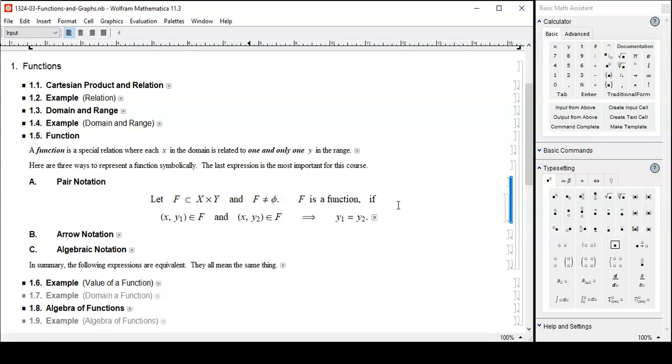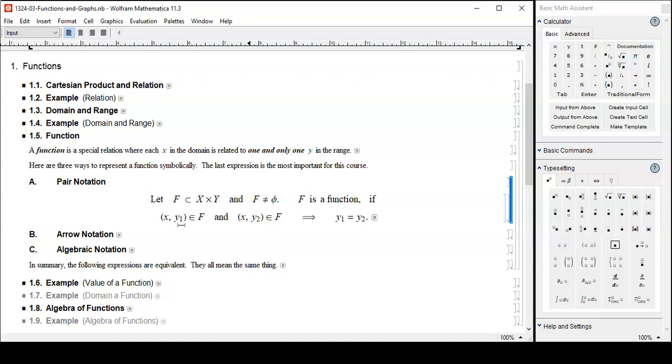Let capital F be a function. That means it's a relation. It's a subset of the Cartesian product and non-empty, of course. Now, F is a function if each x in the domain is related to one and only one y value. And how do you write it?